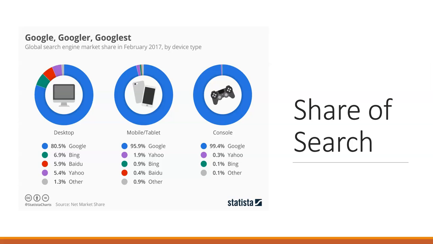On mobile tablets, Google is the highest percentage, and then on consoles, Google has almost the entire share of search. So that's the search engine that we're using. We can see that Google dominates the market for the search engine that people use.